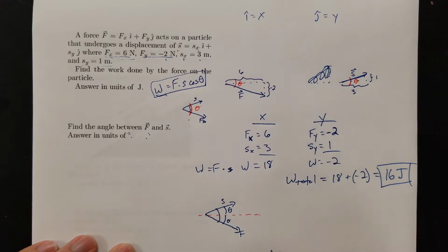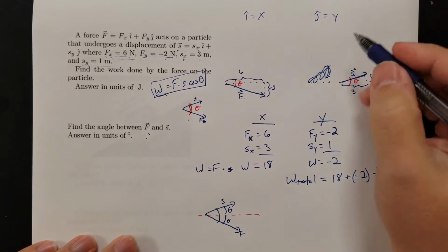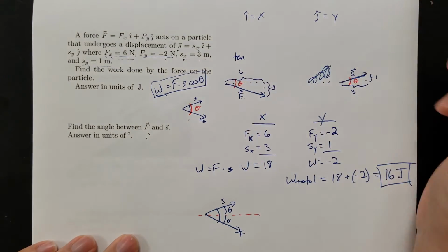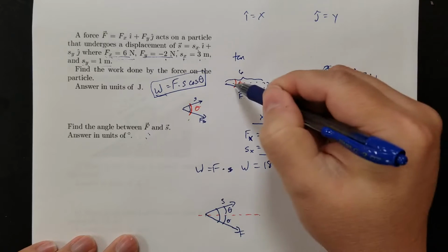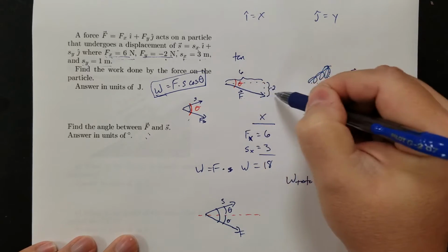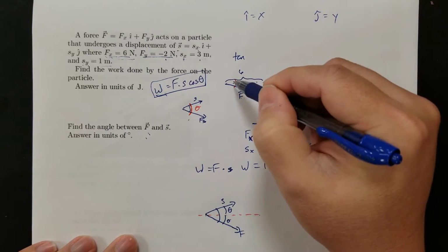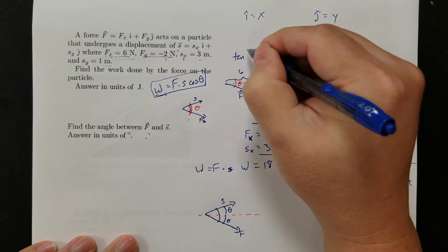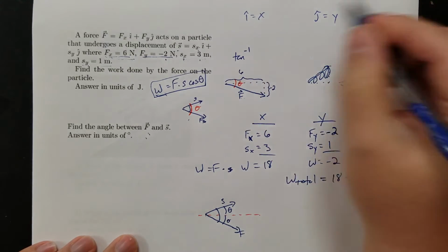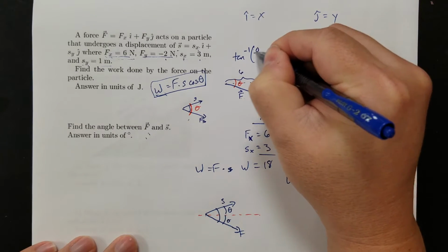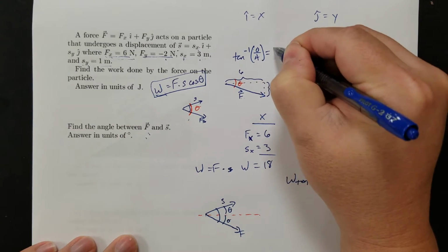The tangent of opposite over adjacent would give me the ratio, I'm sorry, but I want the angle, so I'm going to use the inverse tangent of opposite over adjacent to give me my angle.